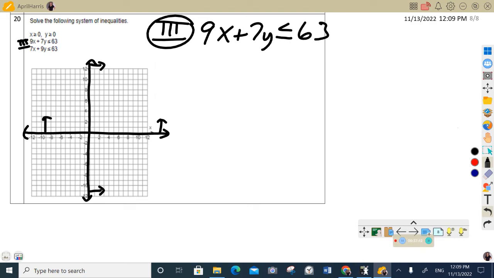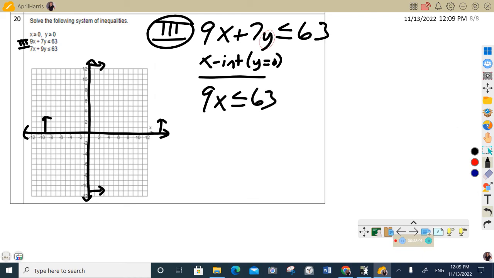So if I was looking for the x-intercept, remember that's the value of x when y is 0. So we're thinking of y as being 0. So that's going to give me 9x plus nothing. So 9x is less than or equal to 63. And divide by 9 and you get x equals 7. So that's the x-intercept on this graph.